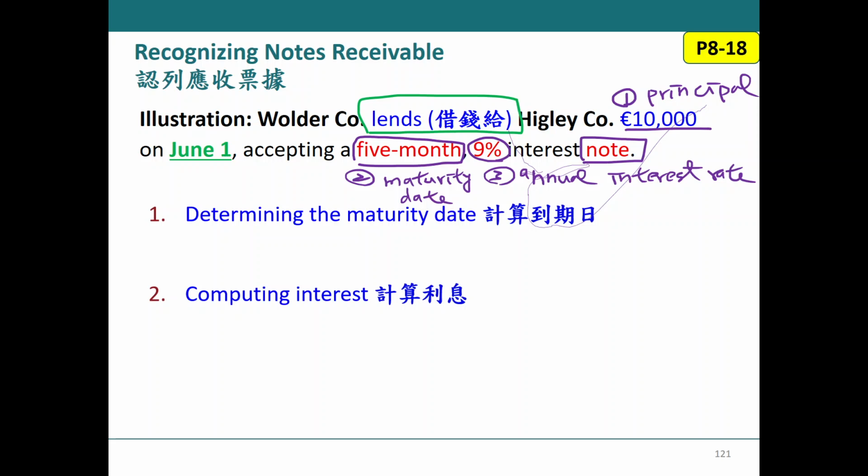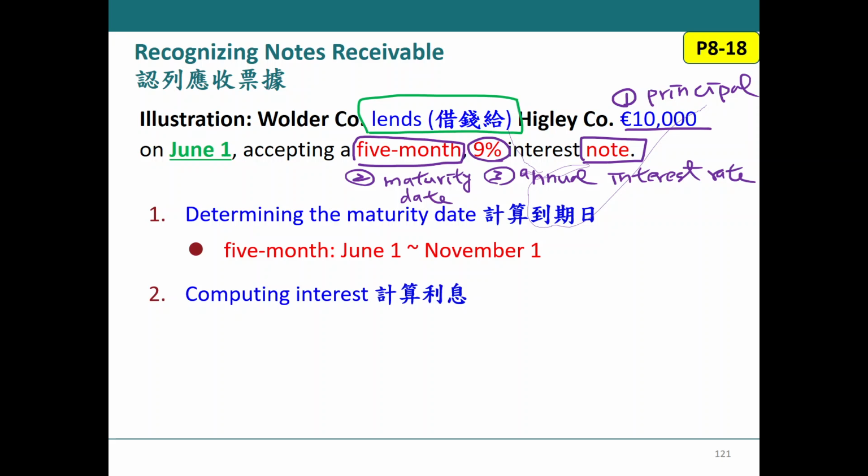June 1st, their promise is how long? After 5 months. So same day after 5 months. Start from June 1st, right? June 1st and July, August, September, October, November. Okay? So maturity date, same day after 5 months, is November 1st.